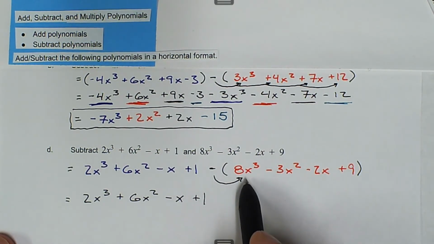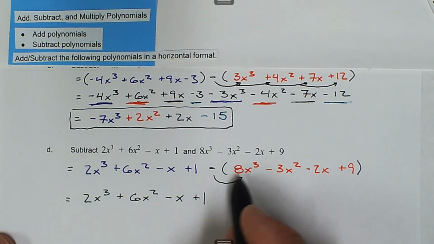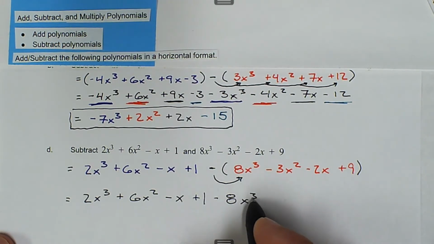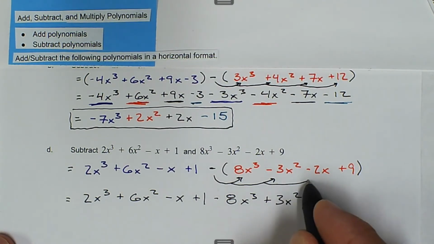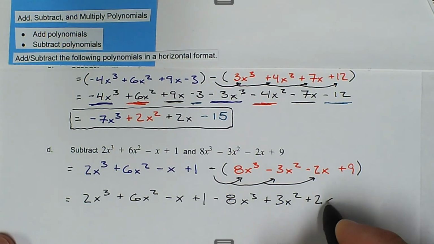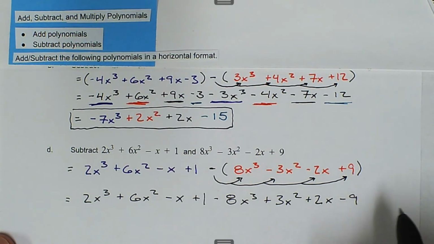And then we distribute the negative. What the negative is going to do is just change the sign. So positive 8x cubed becomes negative 8x cubed, and a negative times a negative becomes a positive, and a negative times a negative becomes a positive, and a negative times a positive becomes a negative.